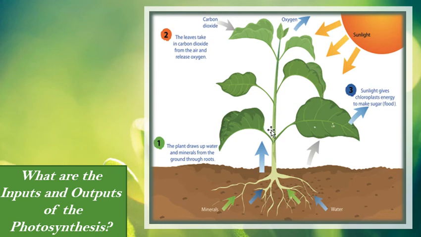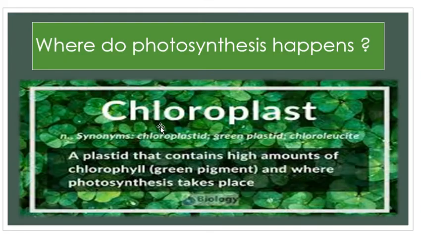In the leaves of the plants, as we mentioned, it is composed of cells or plant cells. In the plant cells, there is an organelle called chloroplasts. So, where does photosynthesis happen? In here, we have the chloroplast.